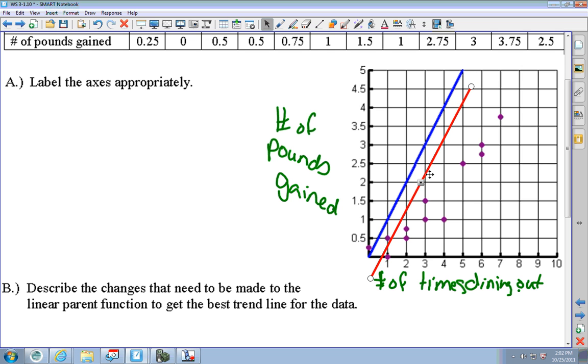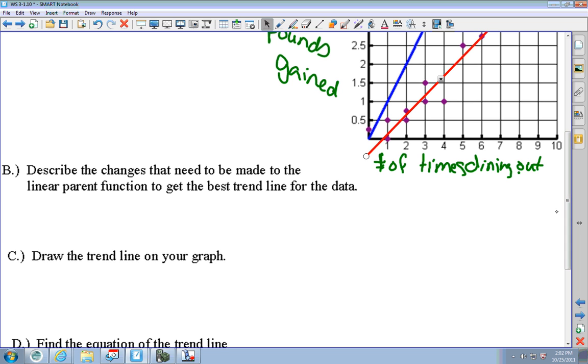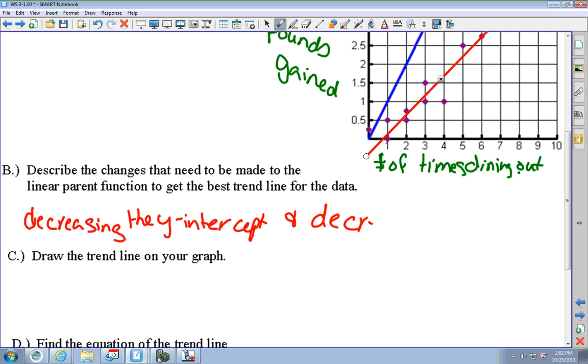Okay, I'm moving it down. So I'm decreasing the Y-intercept. And then I'm decreasing the slope. Let me move this up just a little bit here. So when they're asking you what did we do, we are decreasing the y-intercept and decreasing the slope.